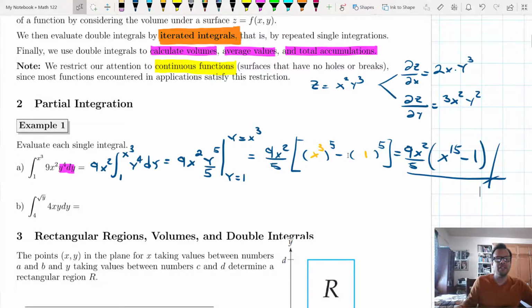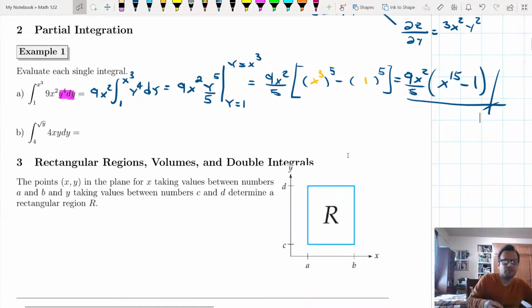Let's do another example. In this case, we have the integral of the function 4xy with respect to y. We also integrate with respect to y, the same way we did in the other example.